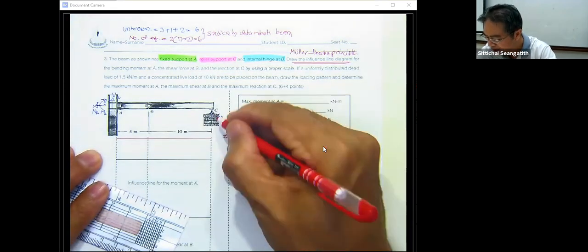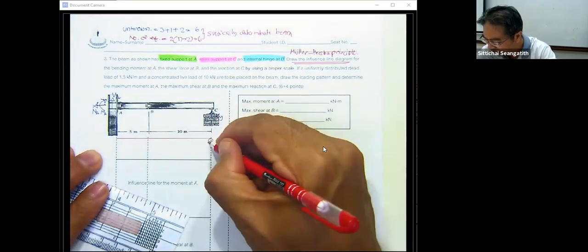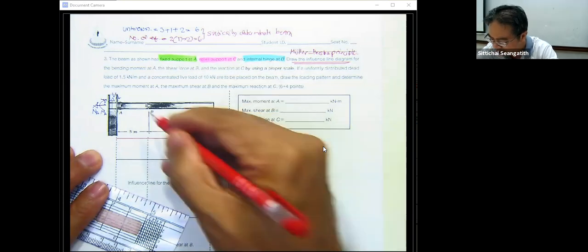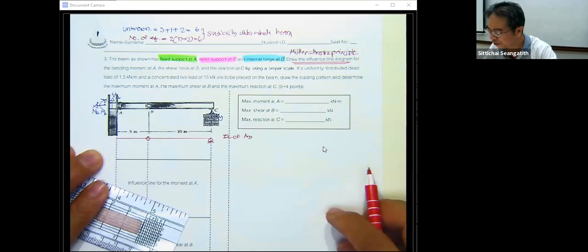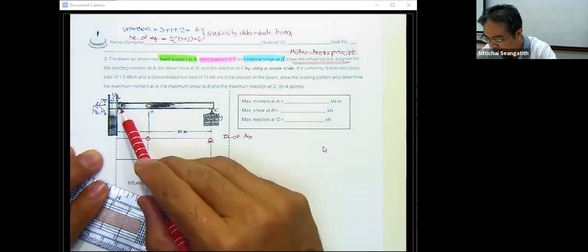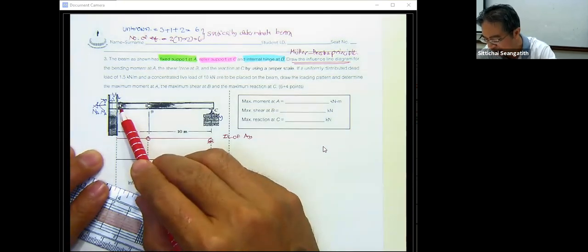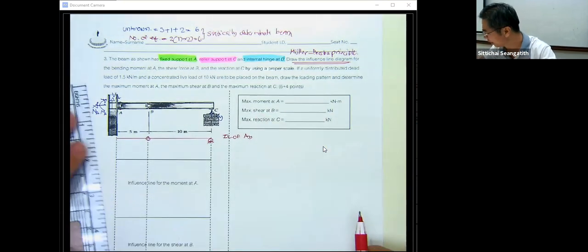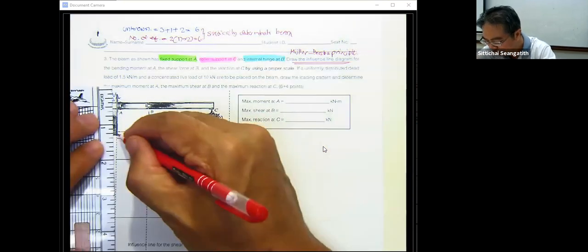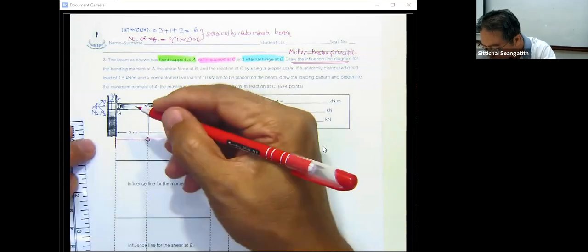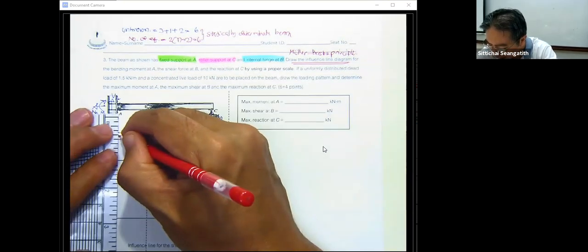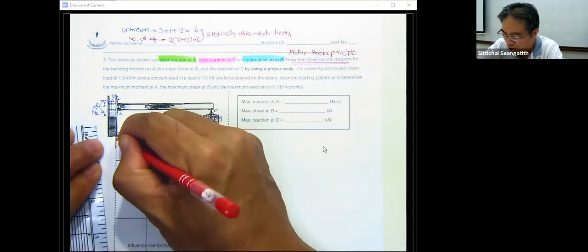What you do is C is going to be the same, B is going to be the same. Now you release the reaction at A. So what we have is this one still being the beam, and to release that, you put the roller guide.